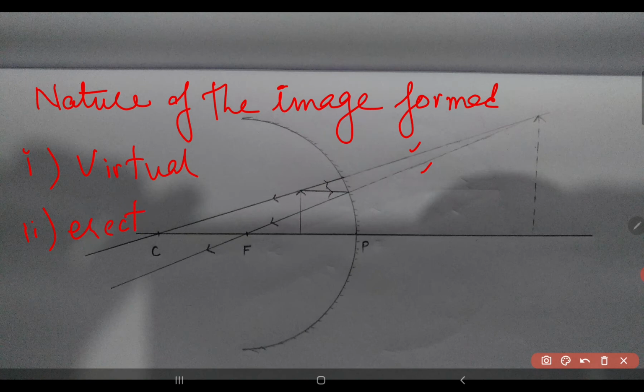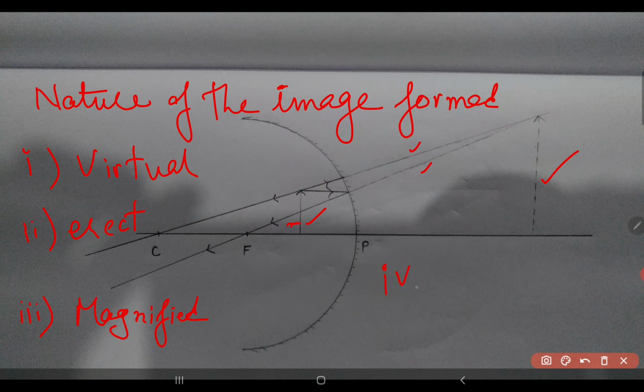Number three, you can see the size is much bigger compared to the object, so it should be magnified, or highly magnified depending upon the position of the object which you take. You can write highly magnified also.